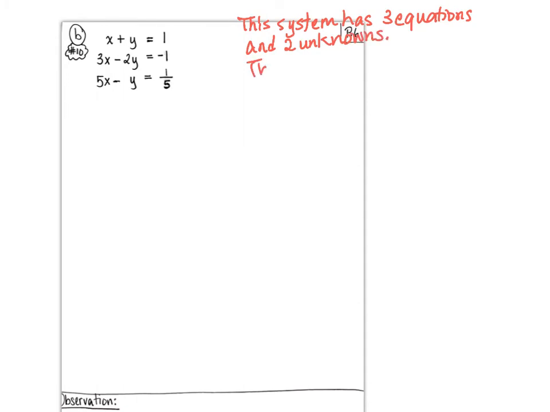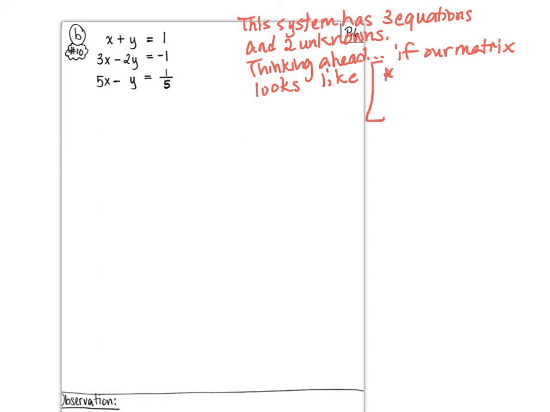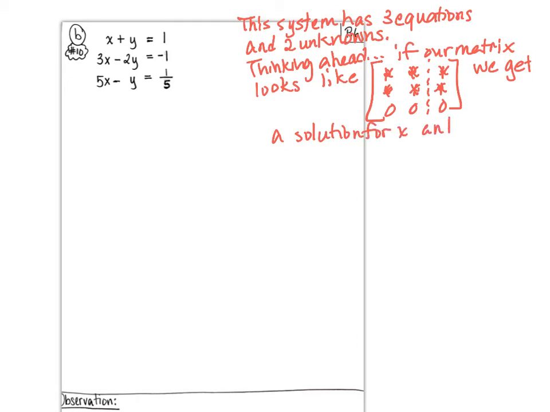Okay, so thinking ahead. If our matrix looks like the following, something here, something here, something there, something here, something here, something here, and then if we have a row of zeros, then we can actually get a solution for x and y, right?